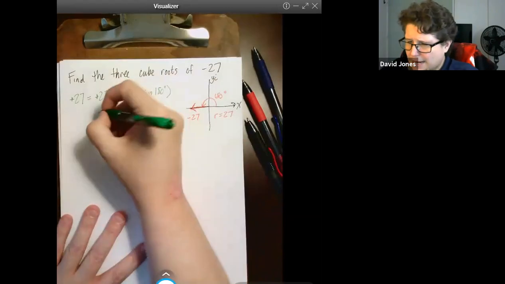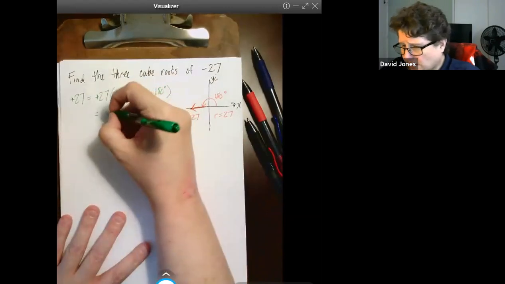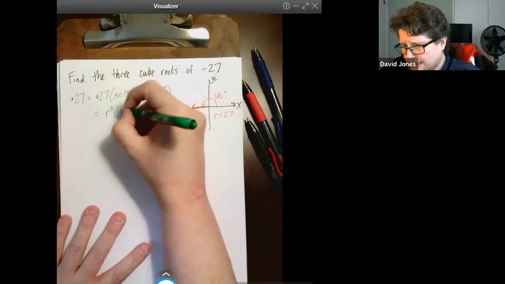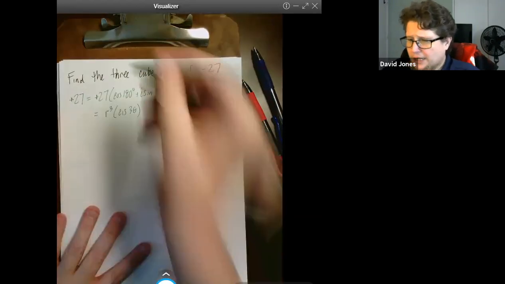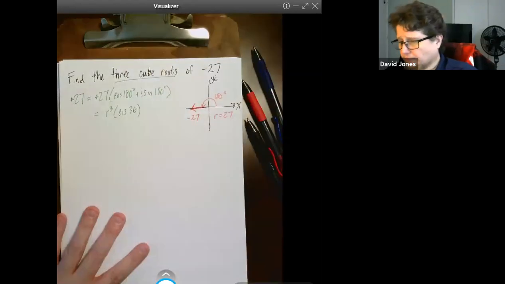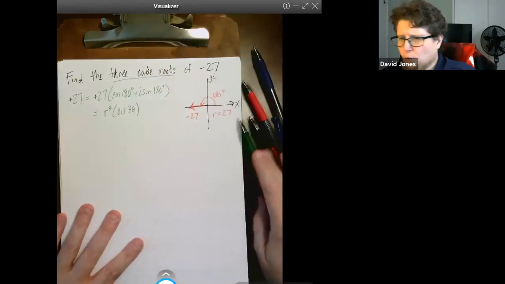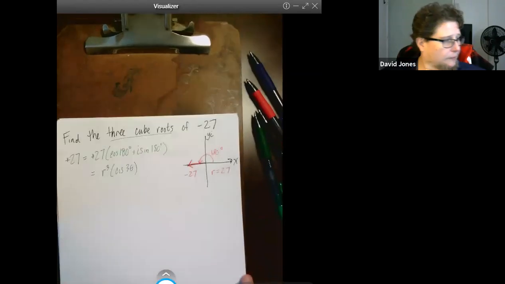And that has to match up with r cubed cis theta, or cis 3 theta, because it's the 3 cube roots. If you want to use the formulas we just had, let me put it back up.